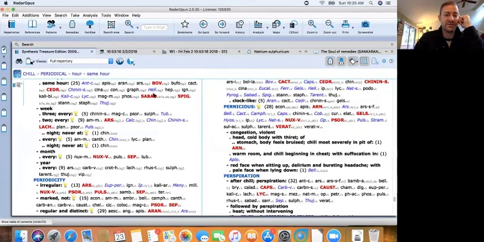It's interesting that Bovista and Sabadilla are in there, but if it's the exact same hour, the exact same time every day, like every day at 3:15, the main remedy you should think of is Cedron, because that's one of its keynotes. But when you get into periodicity, I don't focus too much on it because you can kind of get lost in these sub-rubrics.